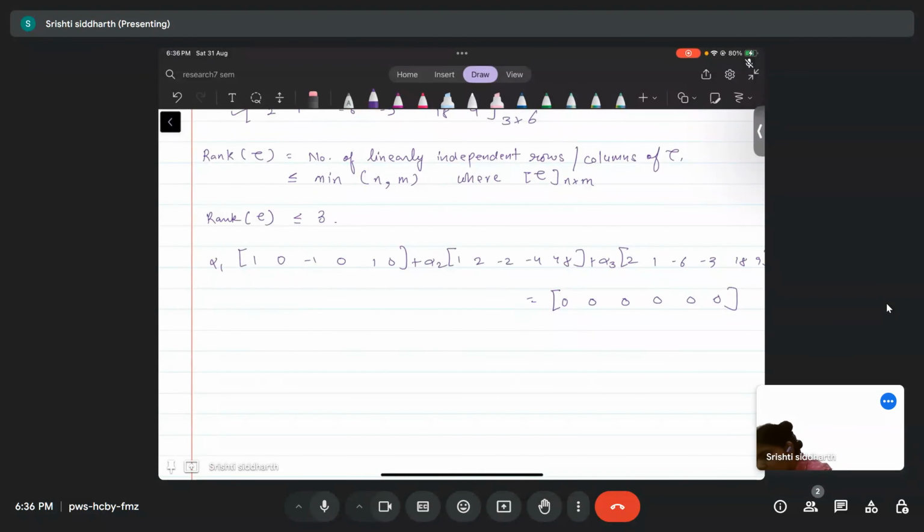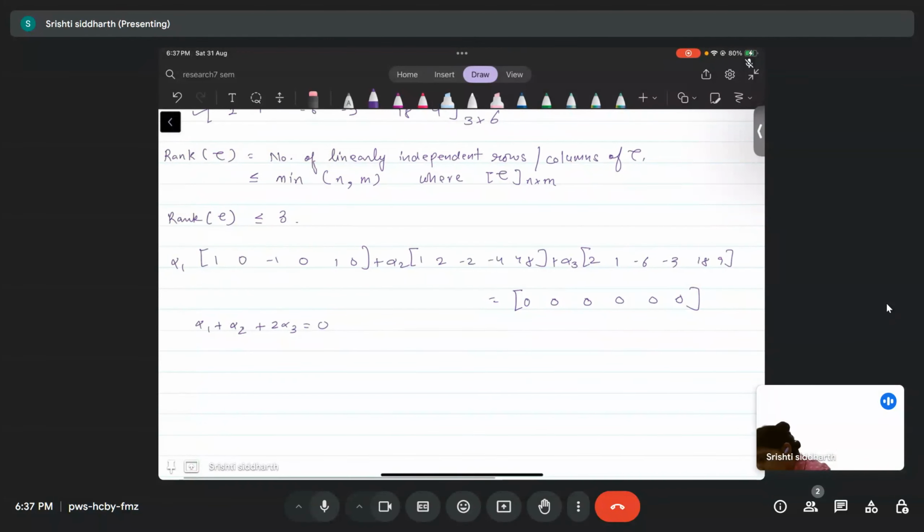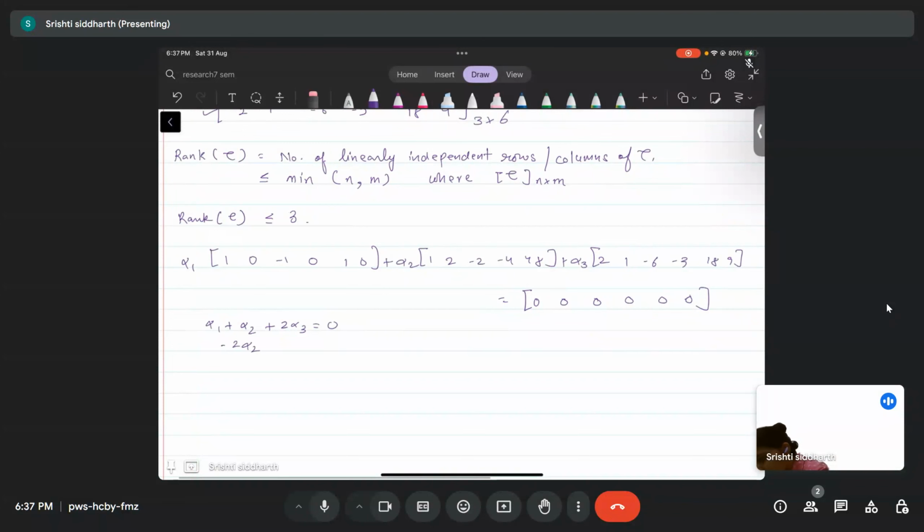Okay, so we have many equations to find out what alpha 1, alpha 2 and alpha 3 should be. So let's see. Alpha 1 plus alpha 2 plus 2 alpha 3 equals 0. Then we have minus 2 alpha 2 plus alpha 3 equals 0. Okay, so there is another 0 here.